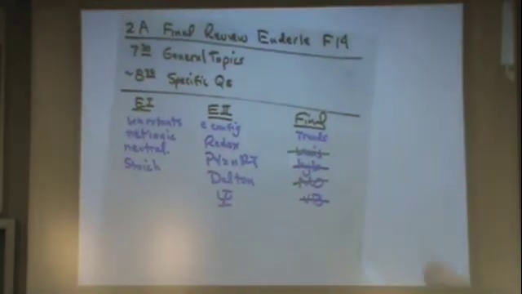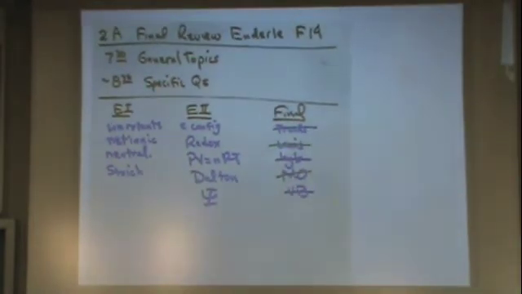Let me say a little bit about trends. Here's my recommendation on trends. Let's say this is a periodic table, okay? And fluorine's over here, and cesium, barium, francium, etc. are down here.